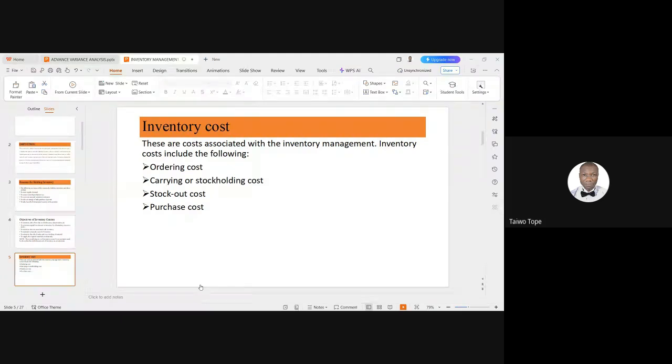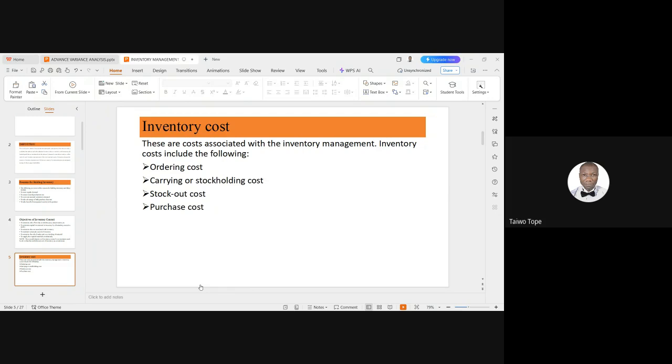The van that will bring in the goods to your warehouse, the people that will move the goods from the van to the warehouse, all those costs make up ordering cost. Because in some questions, they will not just give you ordering cost as a collective name to cover those activities.